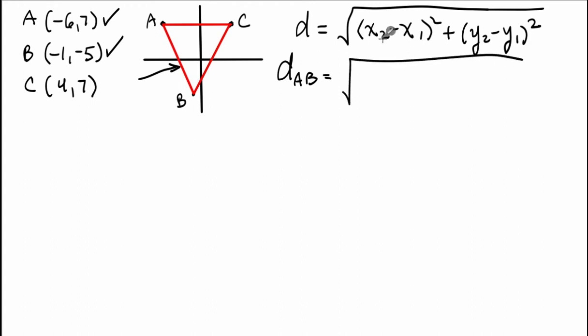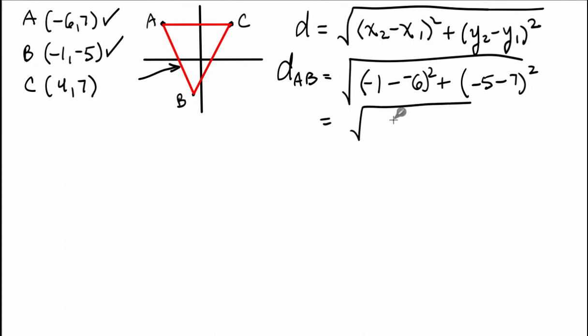We're examining this length right here by using the distance formula. So point number 2 being point B, let's take its x coordinate, -1, subtract the x coordinate of point A, -6, squared, plus the y coordinate of point B, -5, minus the y coordinate of point A, 7, squared, equals, now I'm going to skim through here pretty quickly, 5 squared, which is 25, and -12 squared, which is 144.